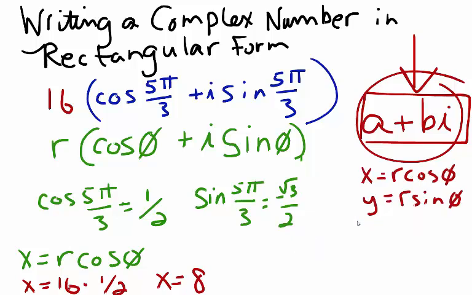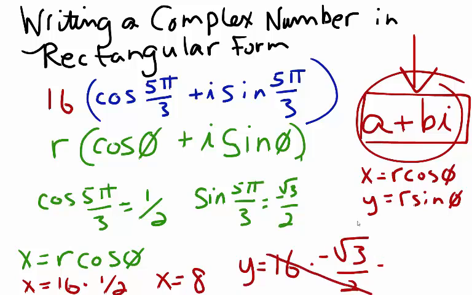So to find our value for y, y equals 16 times negative square root 3 over 2. Cross canceling 16 and 2, we get that y is equal to 8 times negative square root of 3, or negative 8 square root of 3.